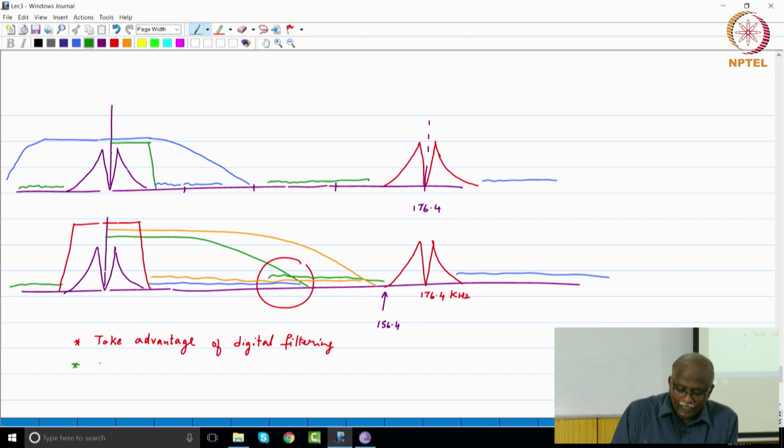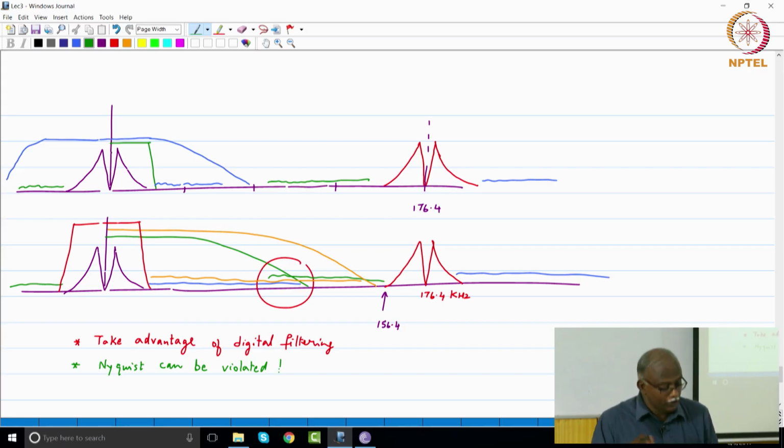So, the Nyquist criterion can be violated, but you have to be careful with the way you do that, so that you don't lose some of the essential parts of what we are trying to do.